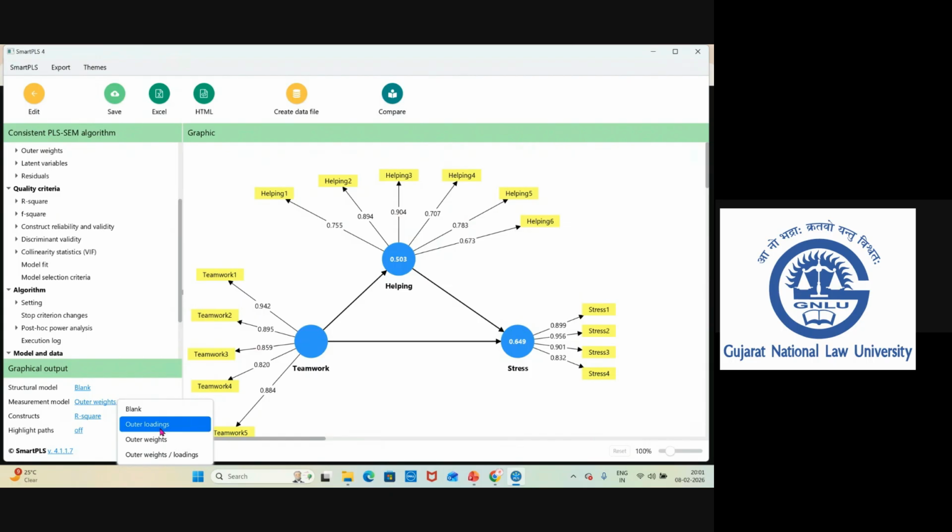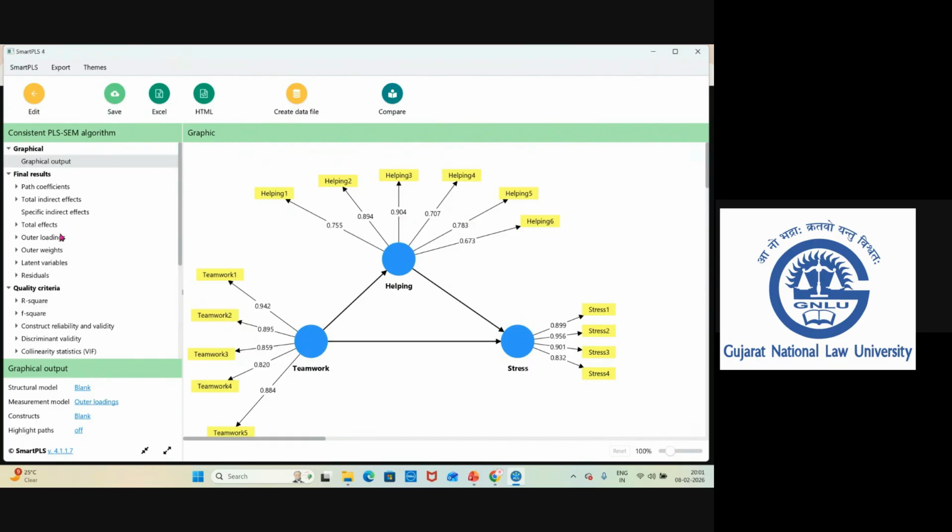So in that case, we are going to select outer loadings, and the R square construct will be blank. After doing this, come to the quality criteria.